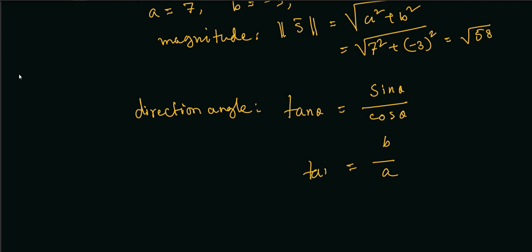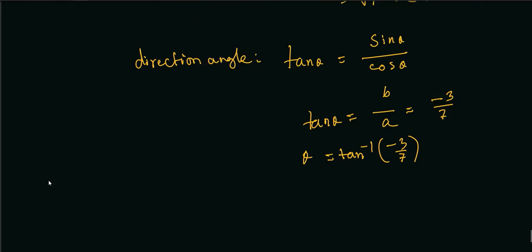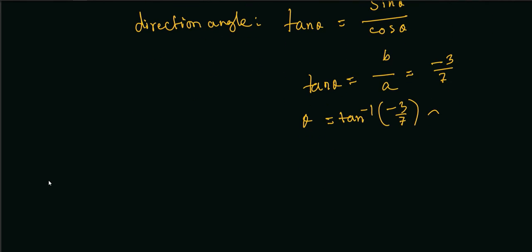So tan theta equals b over a, and in this case negative 3 over 7, and theta equals tan inverse of negative 3 over 7, and if you use your calculator you should get theta approximately equal to negative 23.2 degrees, but we are interested in a positive angle.